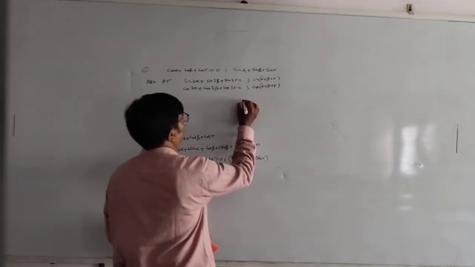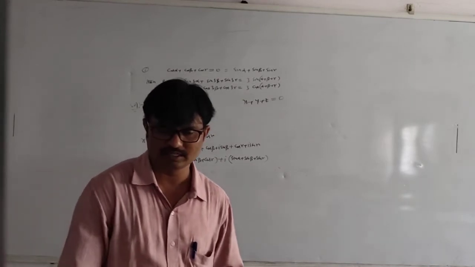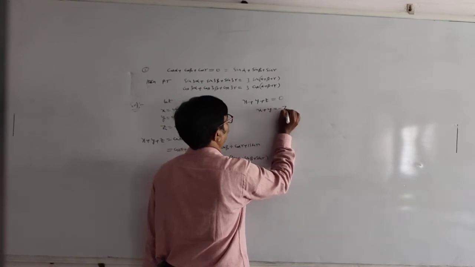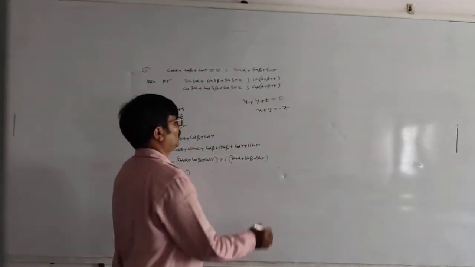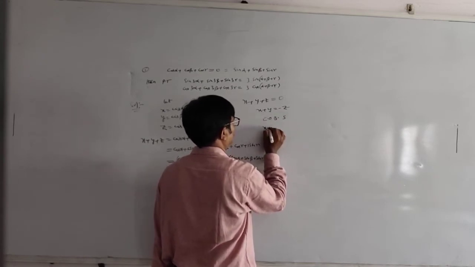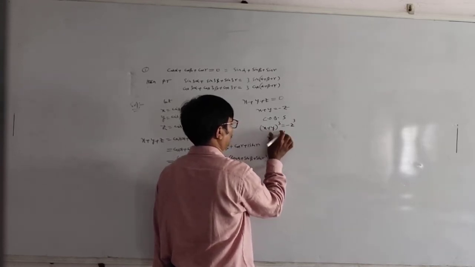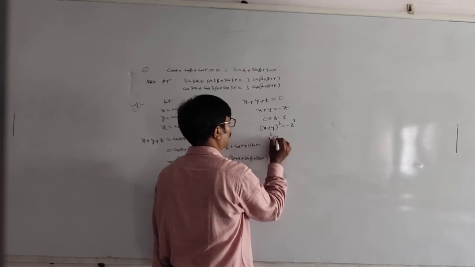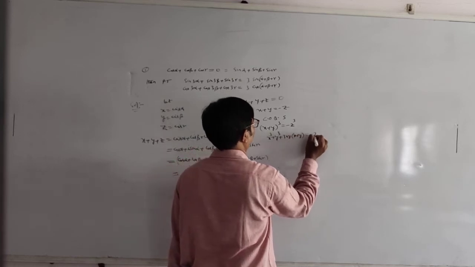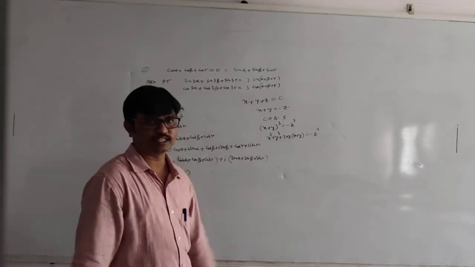When we got x plus y plus z is 0, that is x plus y equal to minus z. After cubing on both sides, x plus y whole cube equal to minus z cube. a cube plus b cube plus 3ab into a plus b equals minus z cube.